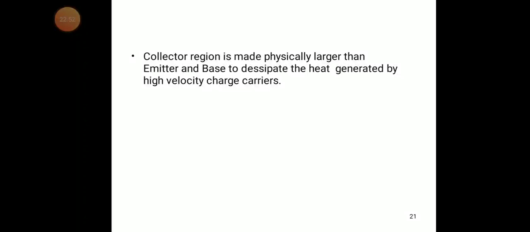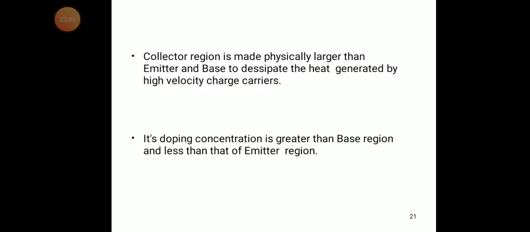Its doping concentration is greater than the base region and less than that of the emitter region.